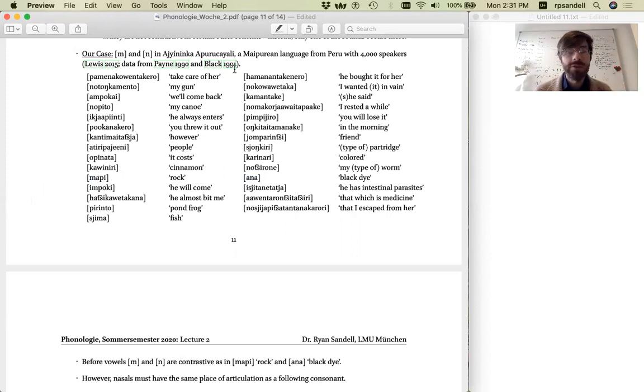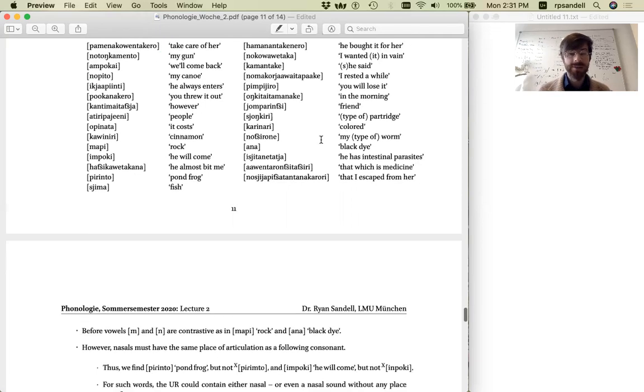And systematically between vowels or before a vowel at the beginning of a word, either of these nasals is allowed to occur. One note on the phonotactics of this language: it appears that consonants are not allowed to occur at the end of a word. So you'll notice that all of the words in the data here have a vowel as the final segment.